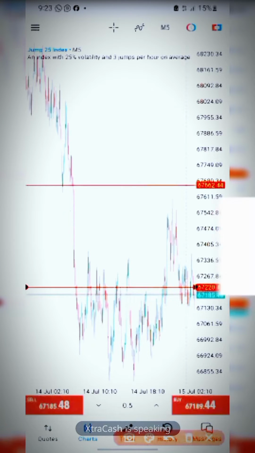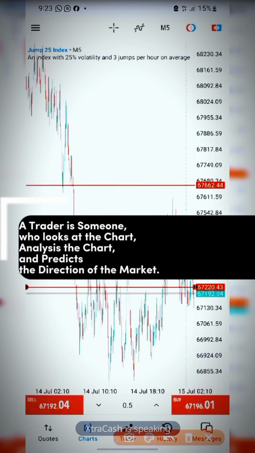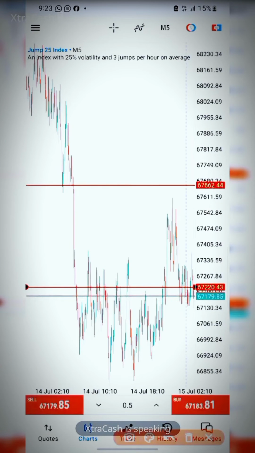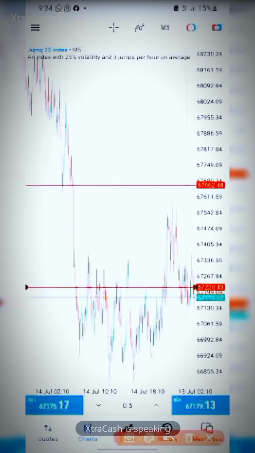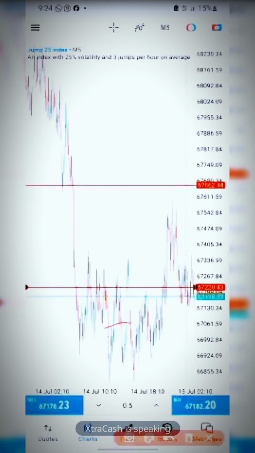Who is a trader? A trader is someone who looks at the chart, analyzes the charts, and predicts where market is going. You will look at the charts and say this market, you are either buying or you are selling. One of the things you factor in is, they say when the market is trending, it is better that you join the trend.